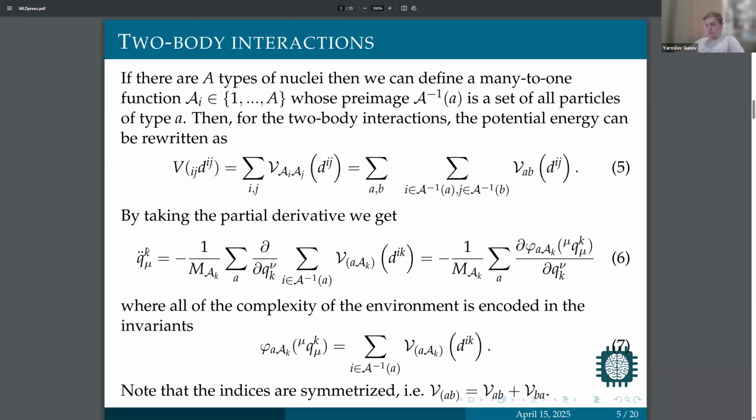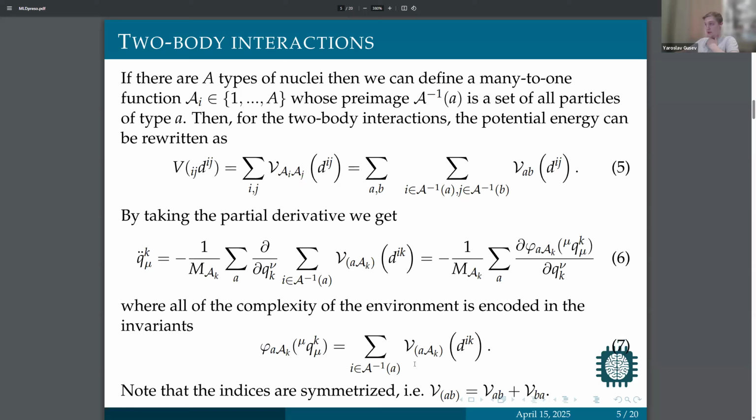And for a given particle k, it already has a certain type A_k, so we don't need the sum over B here, because you already set one type of particle A_k. And so you write the following equation 6, where we can define the following quantity phi. It's convenient to define it in the following way, equation 7.